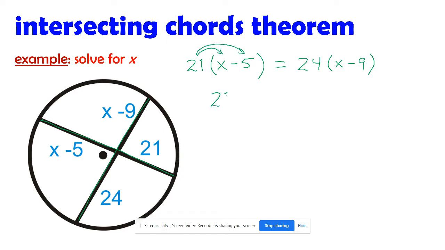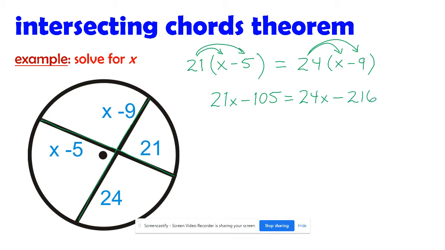I get 21x minus 105 equals, and I'm going to do the same thing on the right side with the 24. I'm going to distribute it. I will have 24x minus 24 times 9 is 216.